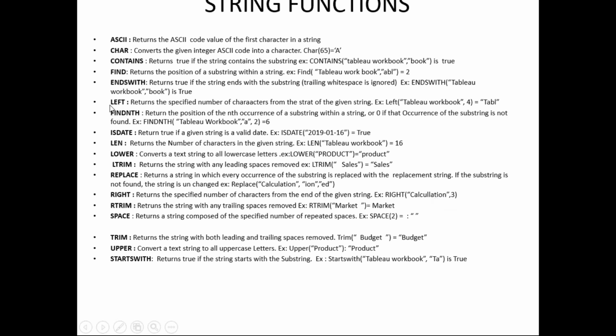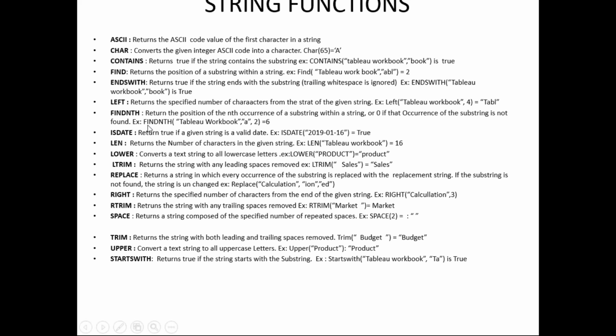Next we have FIND nth position. It returns the position of the nth occurrence of the substring within a string. If that occurrence of the substring is not found, it returns 0.